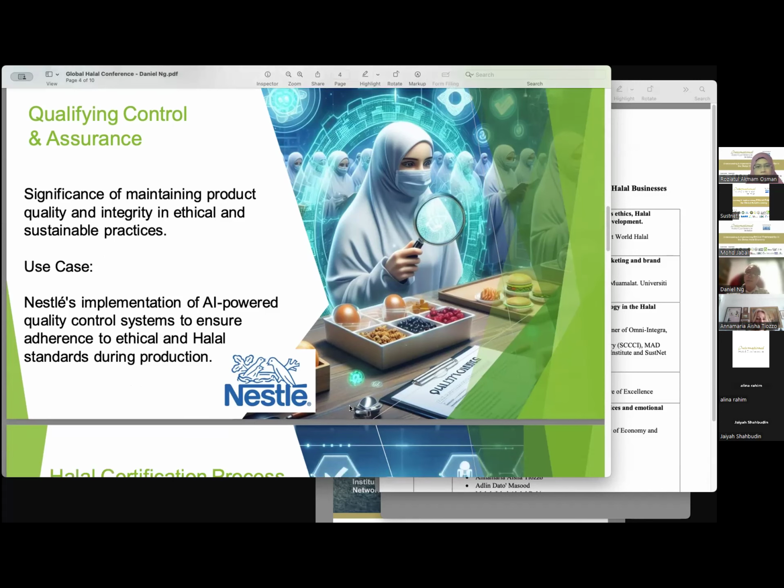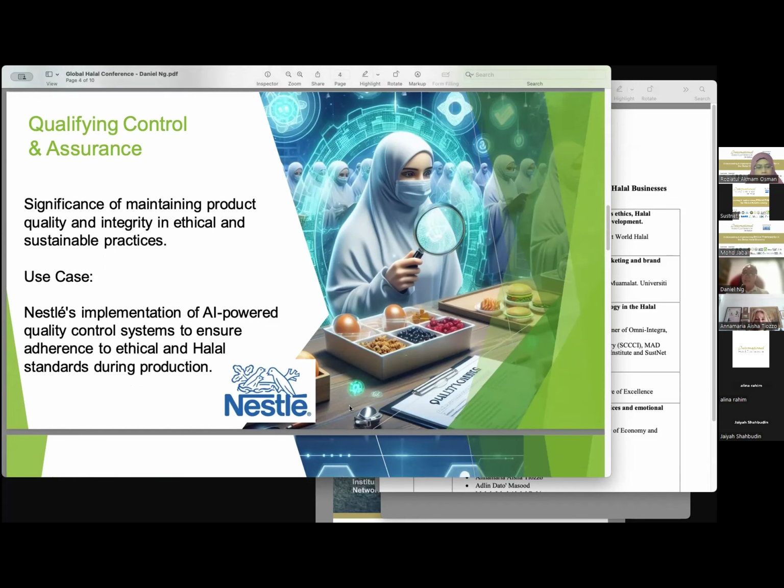Nestle's AI-powered quality control systems can analyze data from sensors, cameras, and other sources to monitor parameters such as temperature, humidity, pressure, and ingredient proportions during the production processes. So you have a system that ensures the continuity of supply in the supply chain arena.